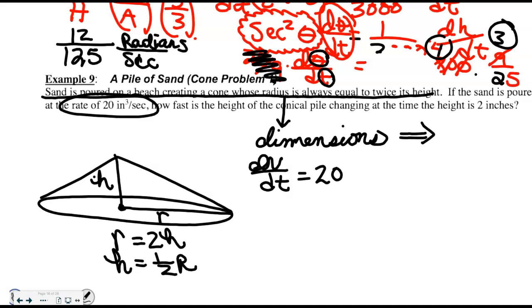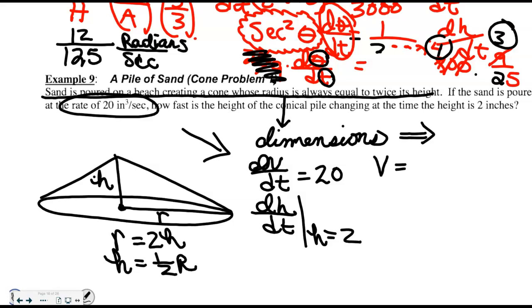This is the important part right here. So if you tuned out, tune in. Okay? What you're being asked to find, how fast is the height changing when the height is 2 inches? What variable do you not see over here? I should point at it so the people watching, you don't see anything about the radius, correct? So if you want to avoid having to do a product rule and finding the radius and finding the dr/dt, when you set up your formula for volume of a cone, which it's not expected you remember, it's 1/3 pi r squared h.